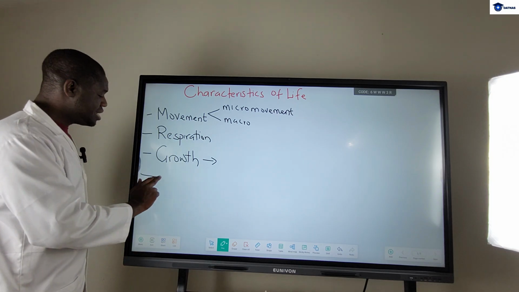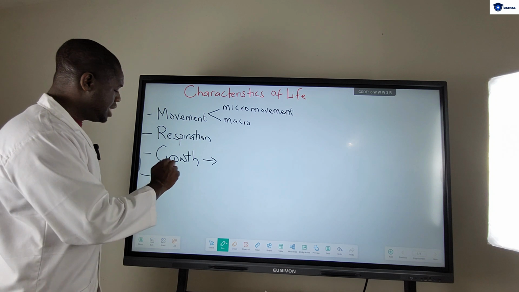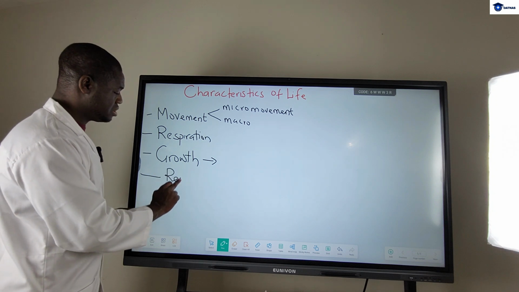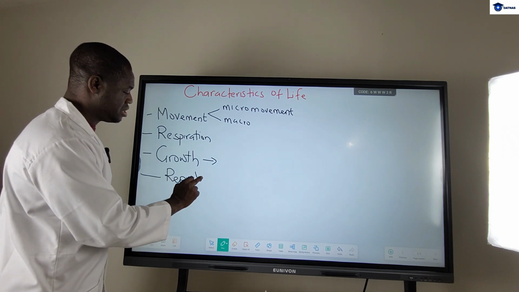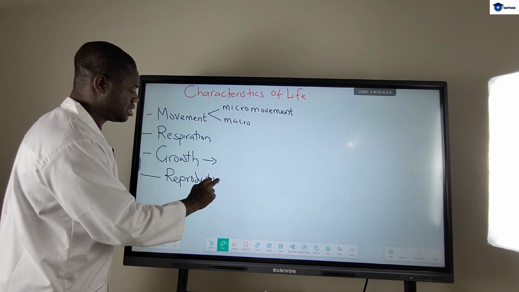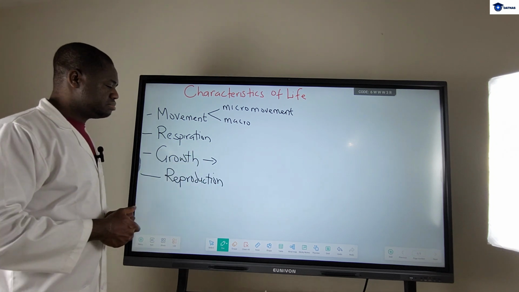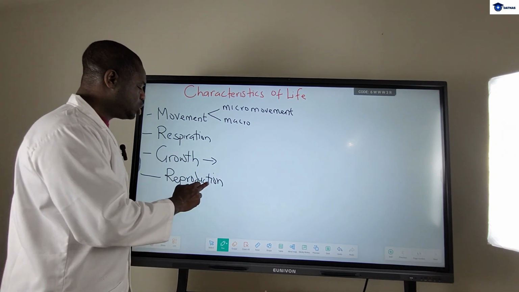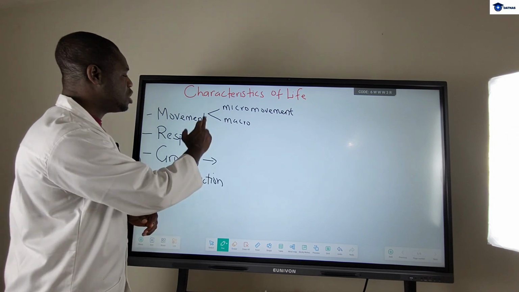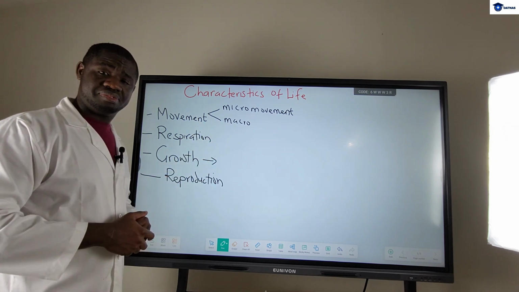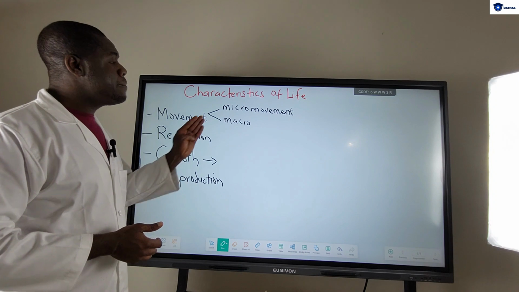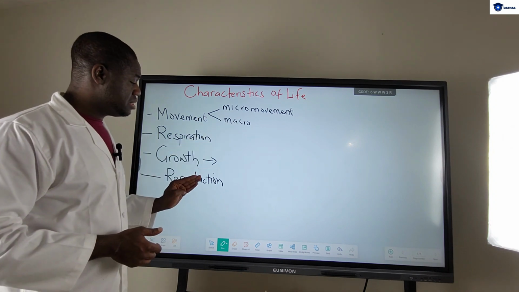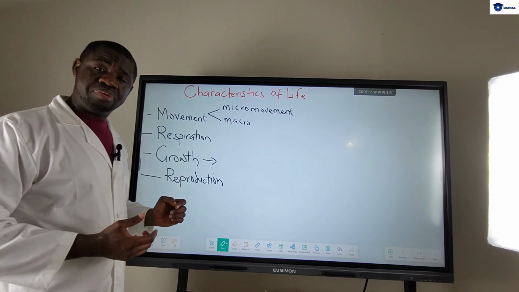Another characteristic of life is reproduction. Reproduction is also dependent on movement. From the macro level, what happens?